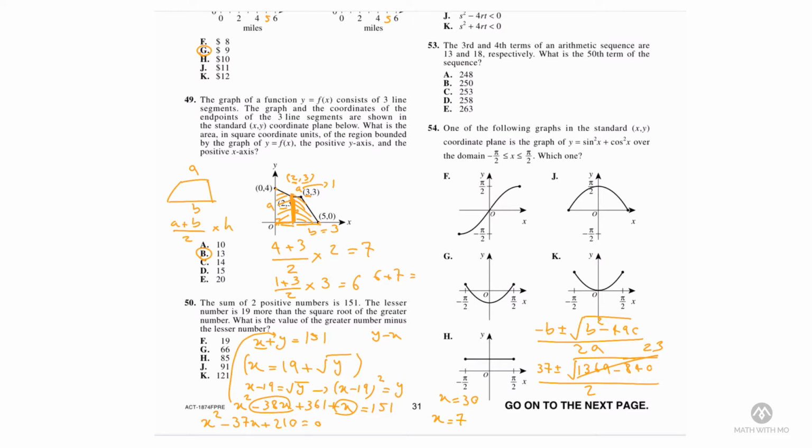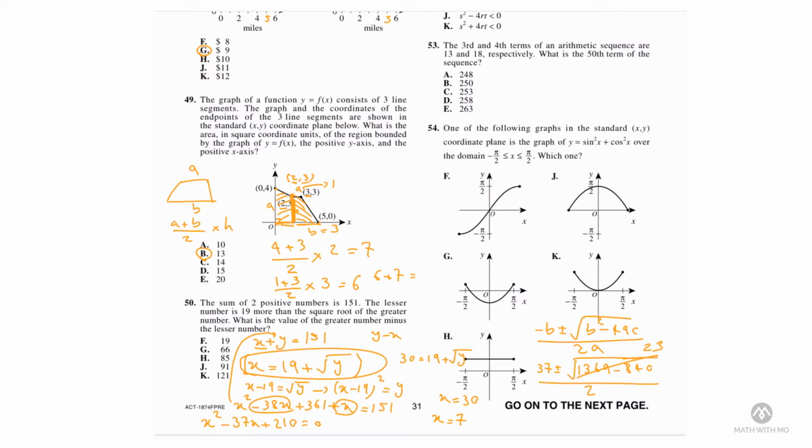But which one? To find out, we can plug that in here and see if y becomes positive. What can we find for y? If x is 30, 30 equals 19 plus the square root of y.